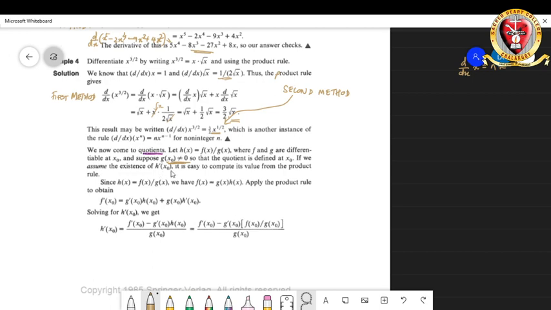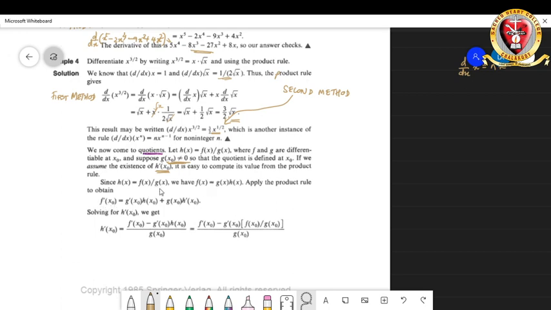Now we are assuming that derivative of h exists at x naught, that is h dash of x naught is existing. So since h of x is equal to f of x divided by g of x, we can write f of x is equal to g of x into h of x, right?